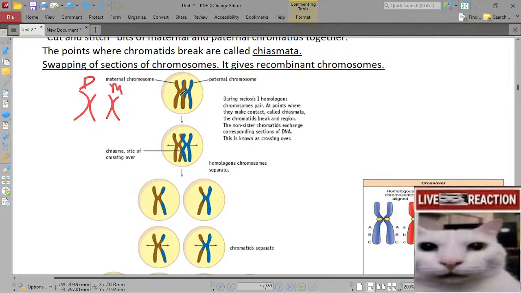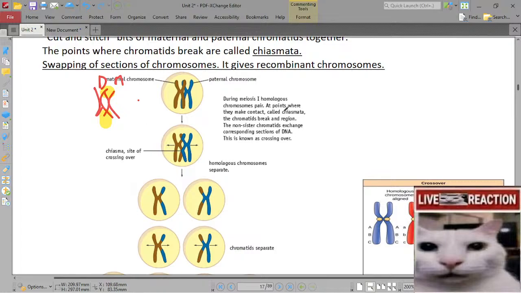What ends up happening is that at points where they make contact, this is where the chiasmata are. So let's say at one point it moves closer and it touches over here and over here. So the chiasmata would be here and down here, right?